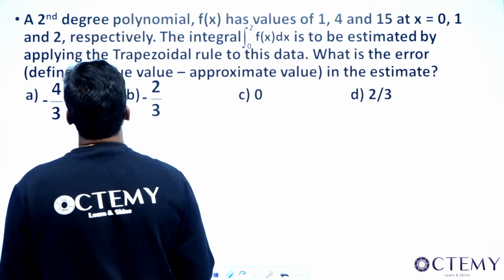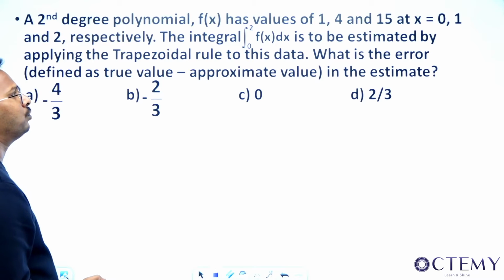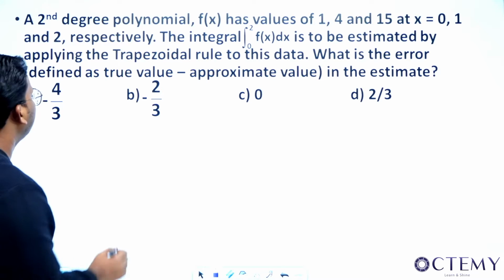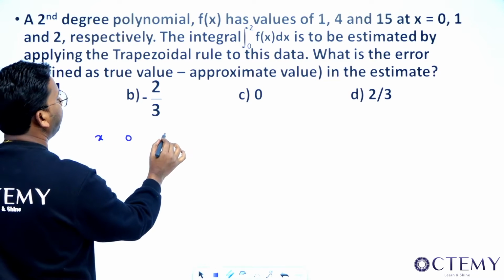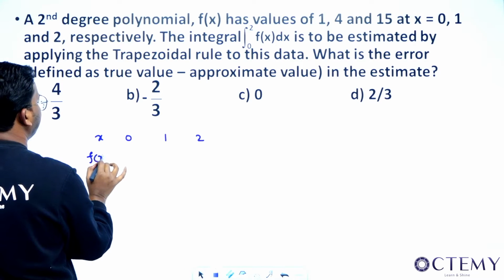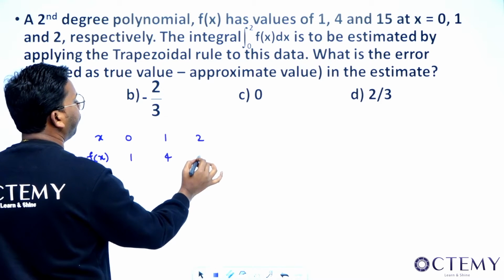The first question is saying that a second degree polynomial f of x has the values 1, 4, 15 at 0, 1, 2. So when x is equal to 0, 1 and 2, we have f of x equal to 1, 4 and 15.